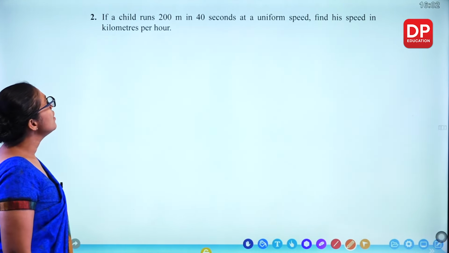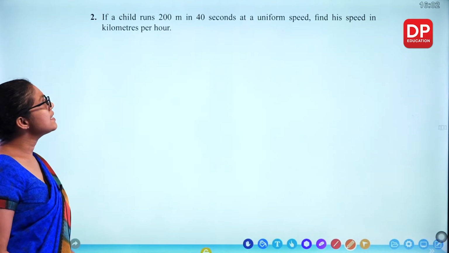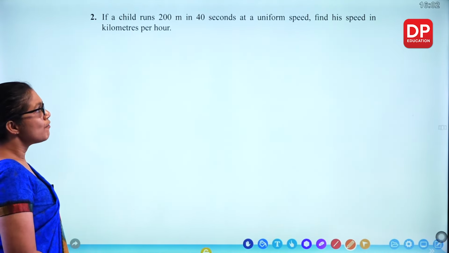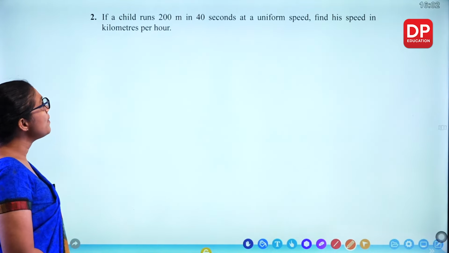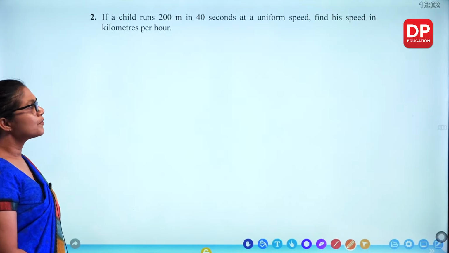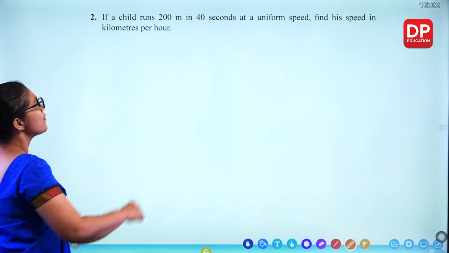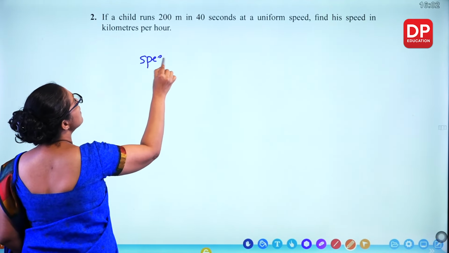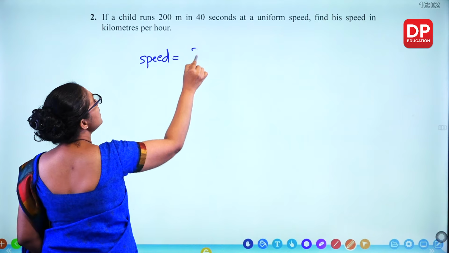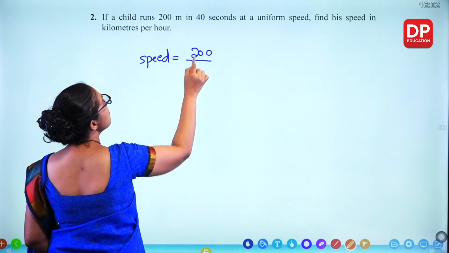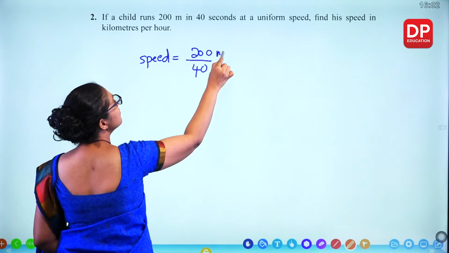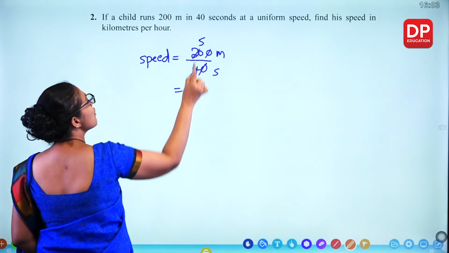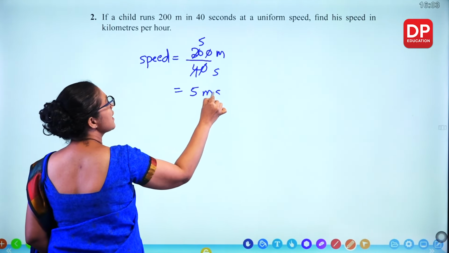Question number 2. If a child runs 200 meters in 40 seconds at a uniform speed, find his speed in kilometers per hour. So this is the conversion. So what you do? First find the speed in meters per second. 200 divided by 40, 5 meters per second.